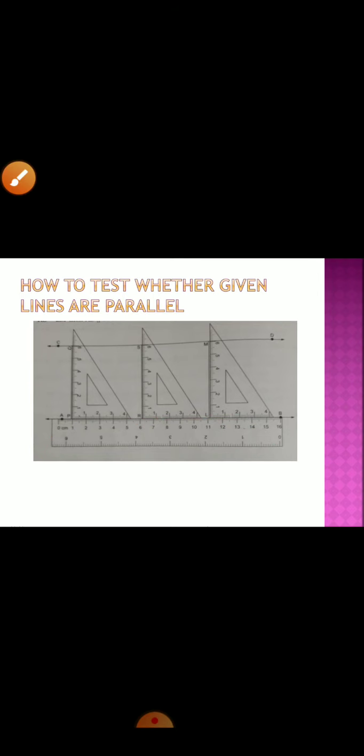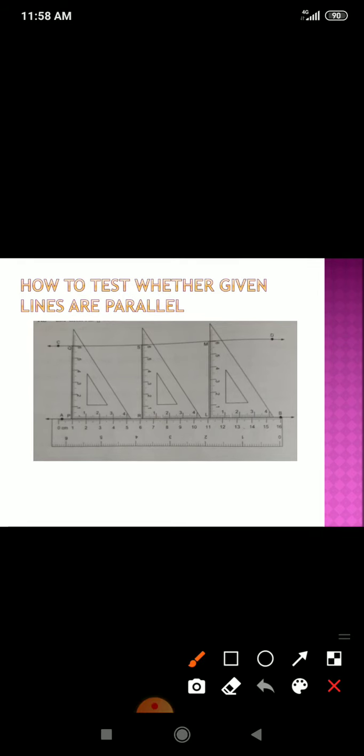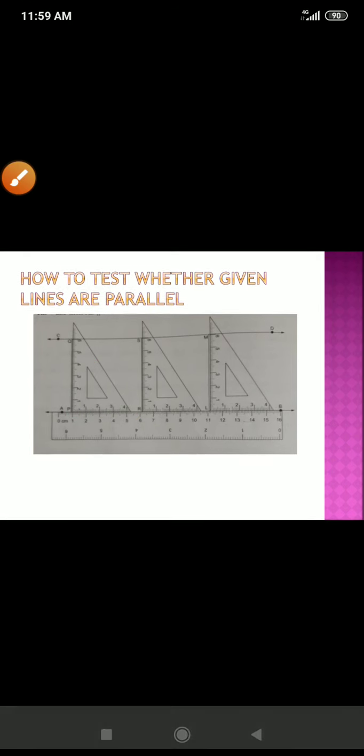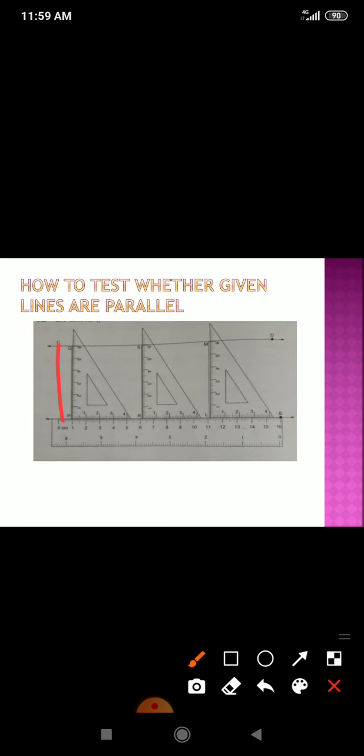Now place a set square with one arm of the right angle coinciding with the edge of the ruler. Like this we can put it in this way, right angle, and draw the line segment PQ along the edge of the set square as shown in the figure. So we will draw line PQ like this, it is drawn in the figure.